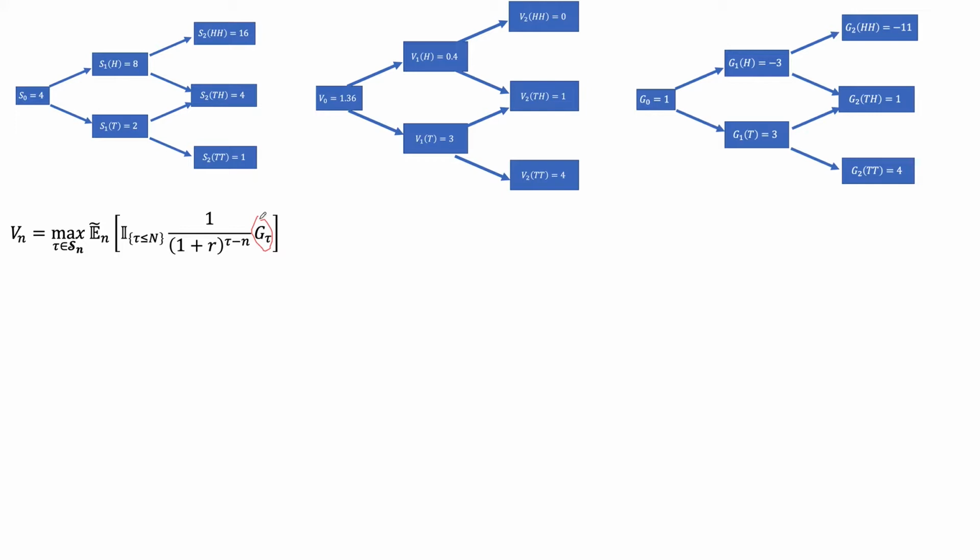And that's what I have provided here. So here it's minus 11. If you exercise at this time when the stock price is 16, then 5 minus 16 is equal to minus 11, right? And that's where this minus 11 is coming from. And we do that for each node on the tree to find the intrinsic value, because we need these J's.